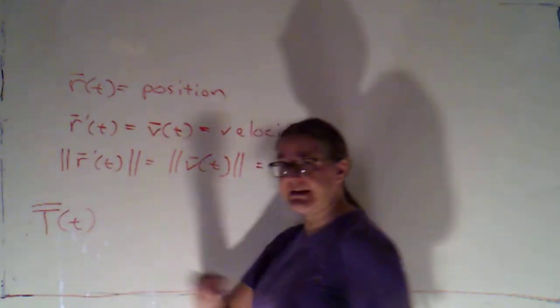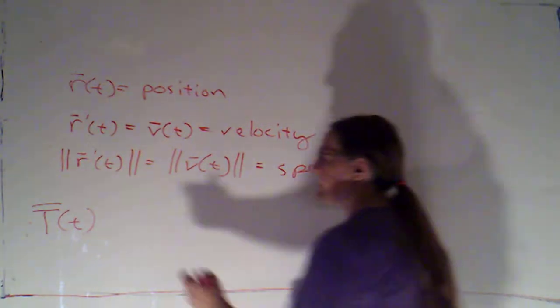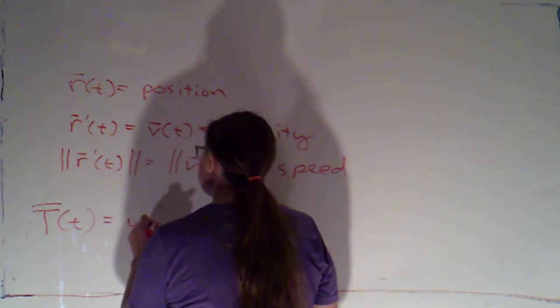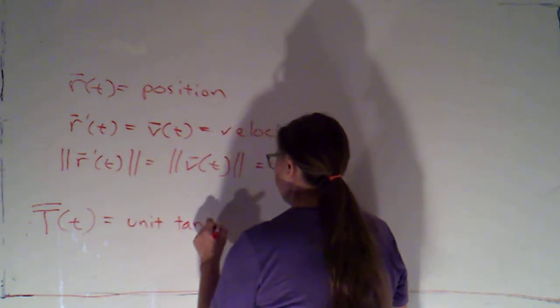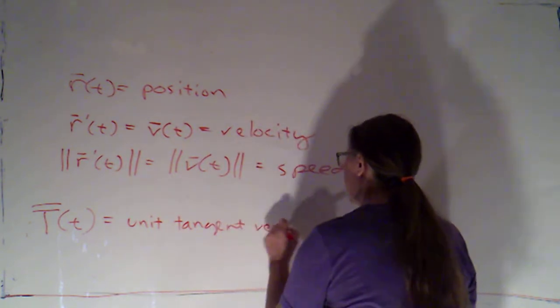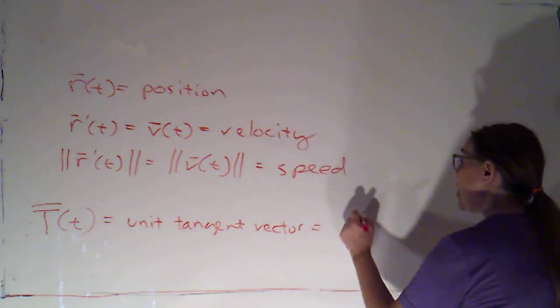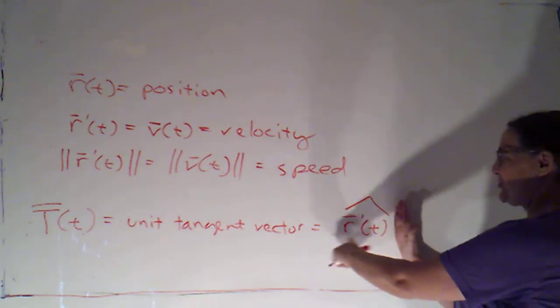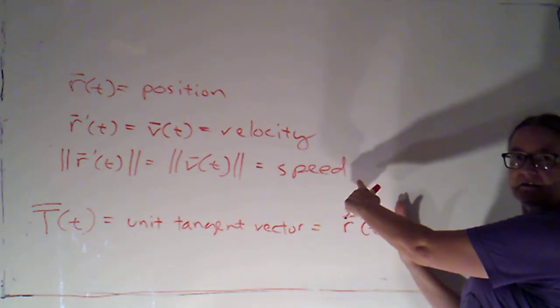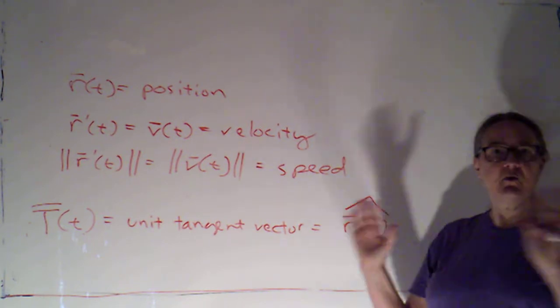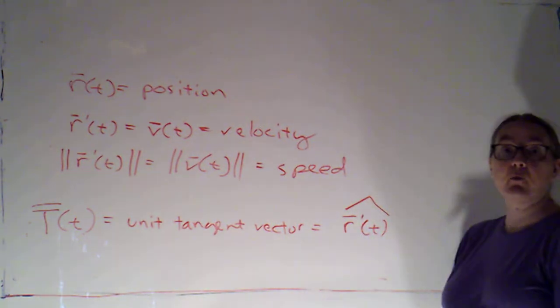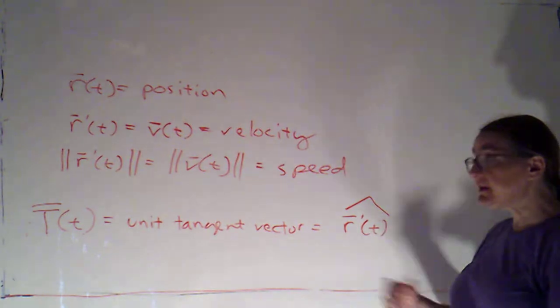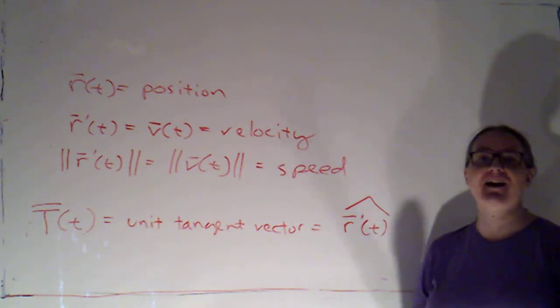It's a capital T with a bar over it, of t, and that's the unit tangent vector. That is just r prime hat. It's the derivative vector normalized. We preserve the direction, we stretch or shrink it to make its length 1. That will be possible anytime the derivative is not 0.